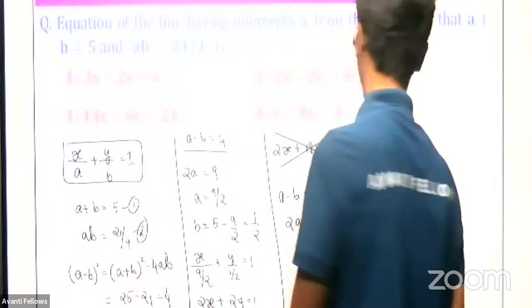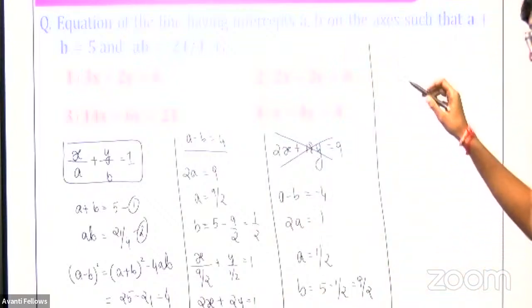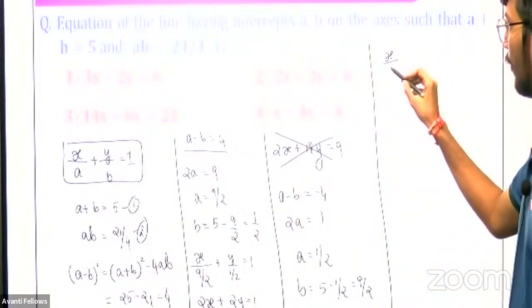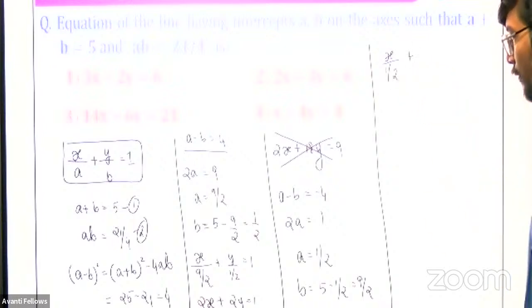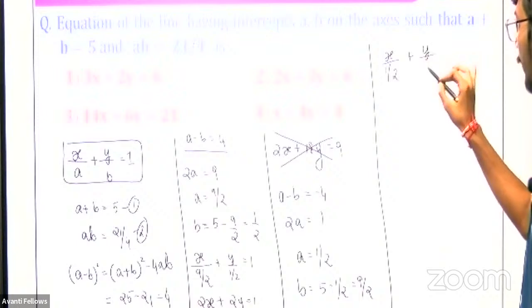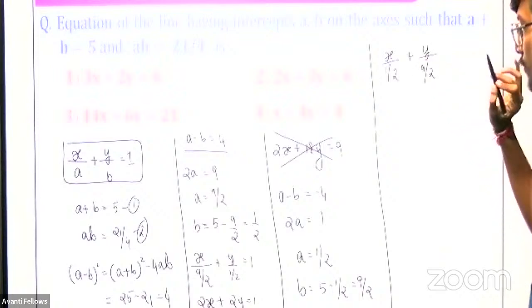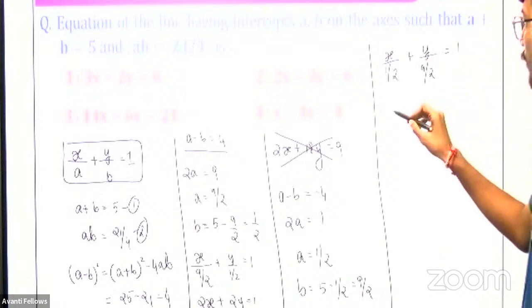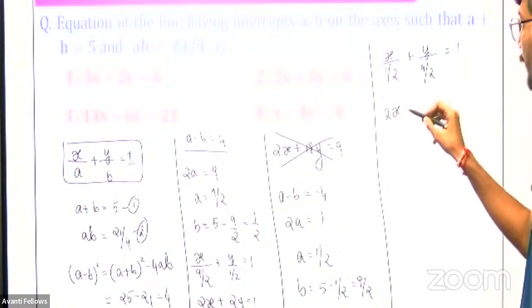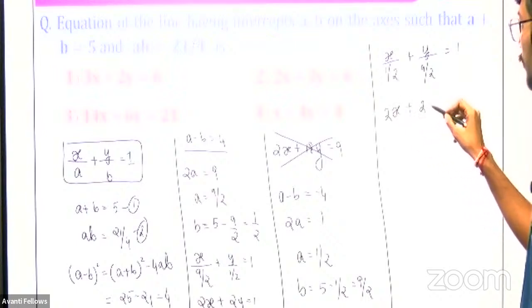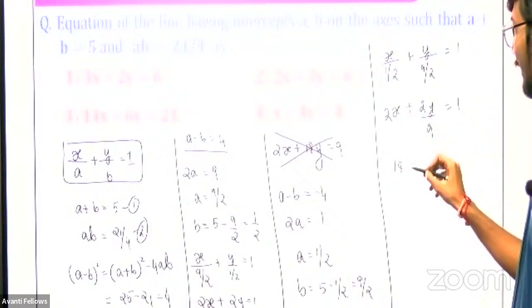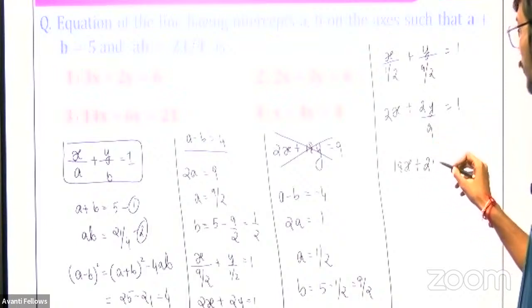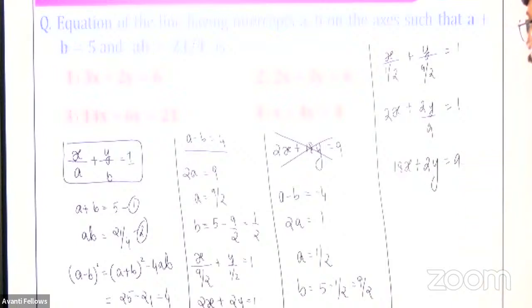So now my equation of line will be x upon 1 by 2 plus y upon 9 by 2 is equal to 1. So 2x plus 2y upon 9 is equal to 1. So 18x plus 2y is equal to 9.